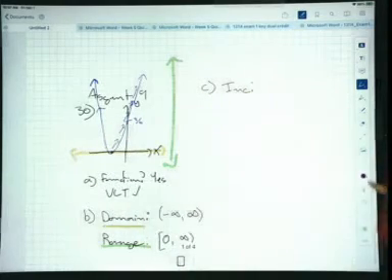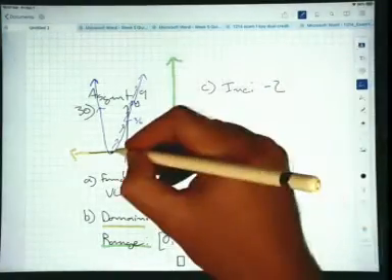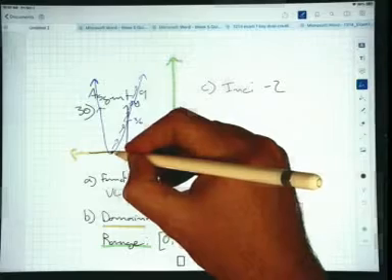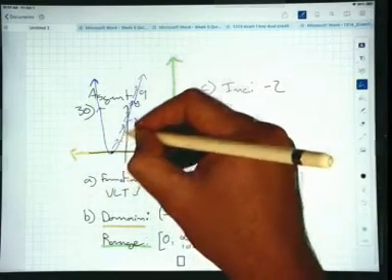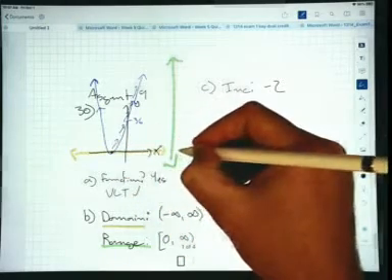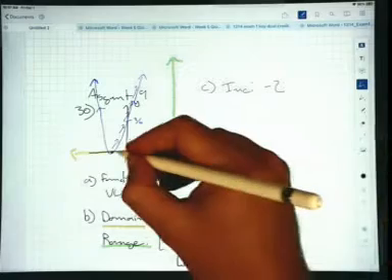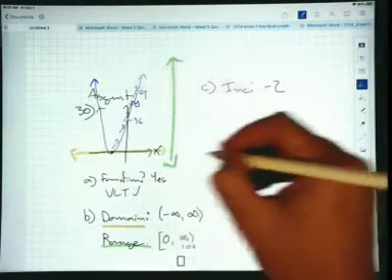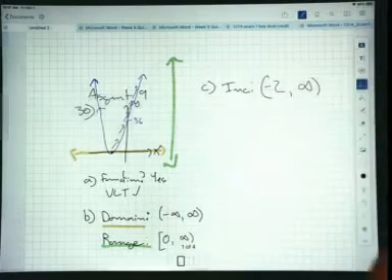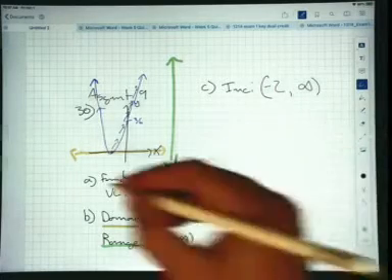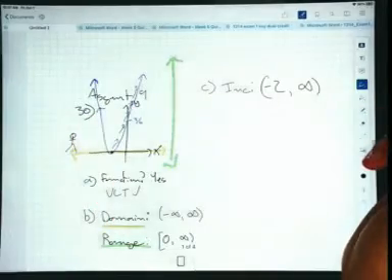Starting at negative 2, you're standing right here at negative 2, and you start walking along the x-axis. You start looking up, and you see that as you're walking in this direction, the graph continues to go up and up and up. So starting here at negative 2, all the way out to infinity, the graph is increasing.